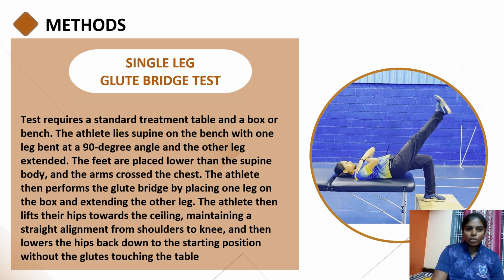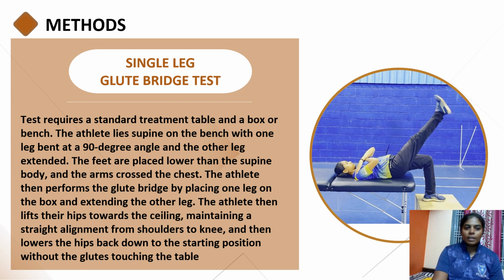Single leg glute bridge test. The single leg glute bridge test requires a standard treatment table and a box. The athlete lies supine on the bench with one leg bent at 90 degrees and the other leg extended. The feet are placed lower than the supine body and the arms across the chest. The athlete then performs the glute bridge by placing one leg on the box and extending the other leg.